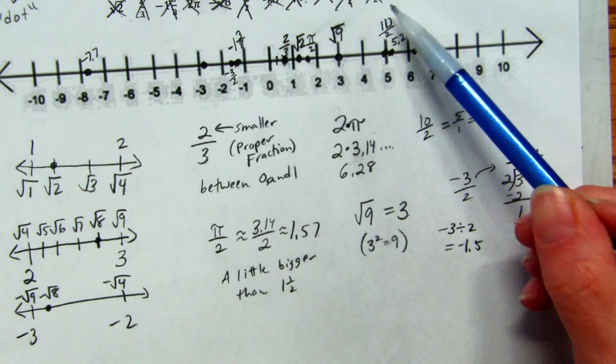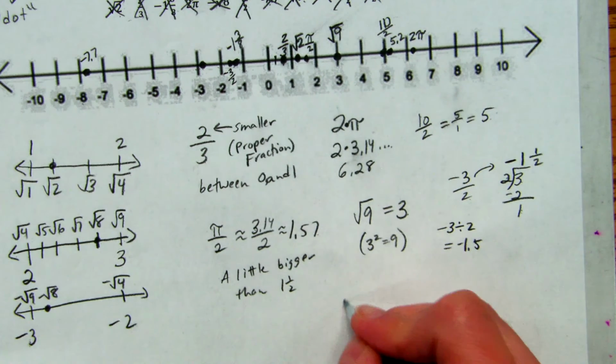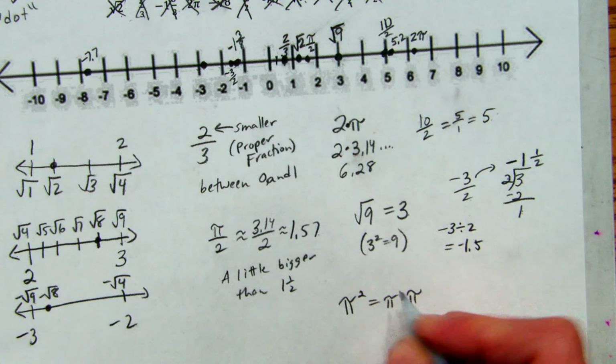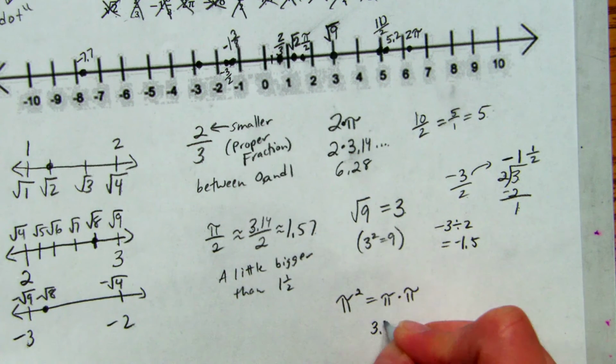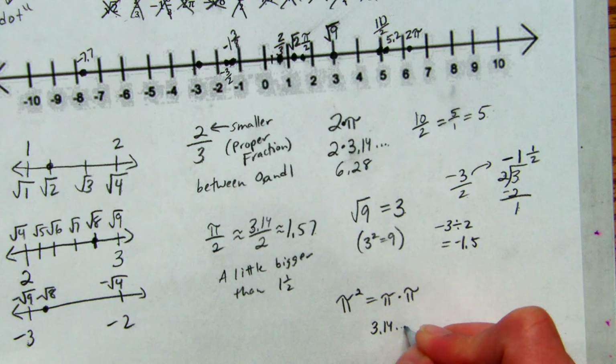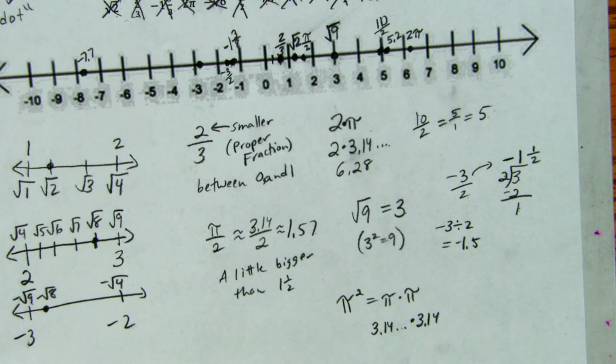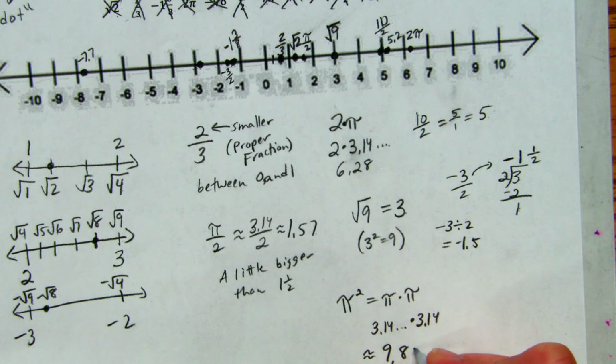Our last number is pi squared. So pi squared would mean pi times pi, which would be 3.14 times 3.14. And that comes out about 9.85.